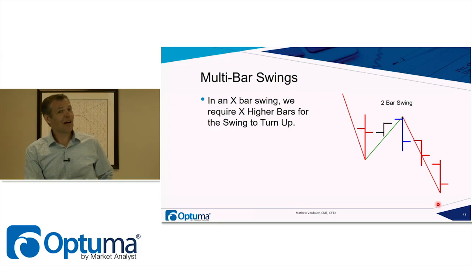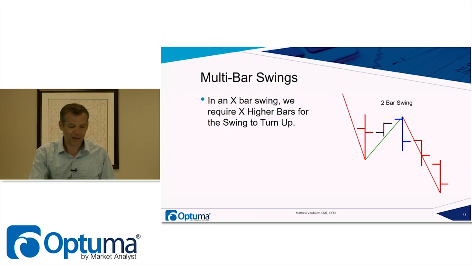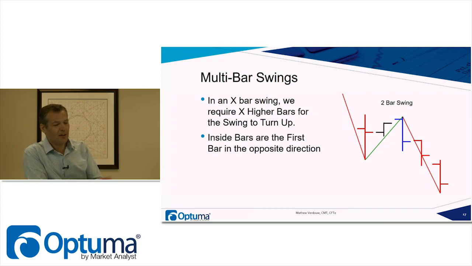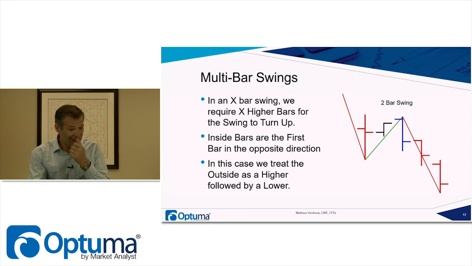So it wasn't a great indicator of a change of trend, but nevertheless that's how this one worked. Inside bars are the first bar in the opposite direction. In this case, we treat the outside bar, because it got followed by a lower bar, as a higher bar followed by a lower bar. And so the swing went up and then down.